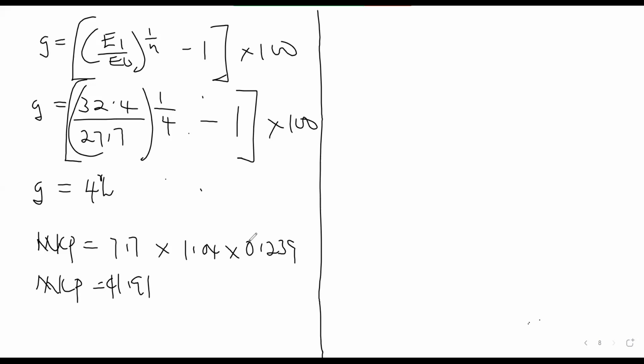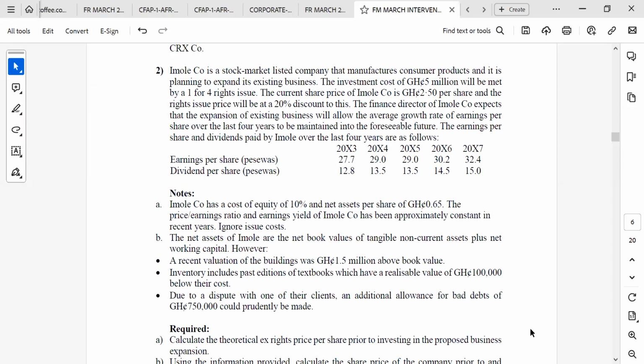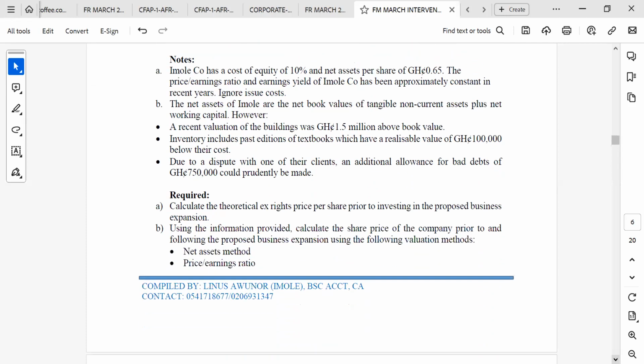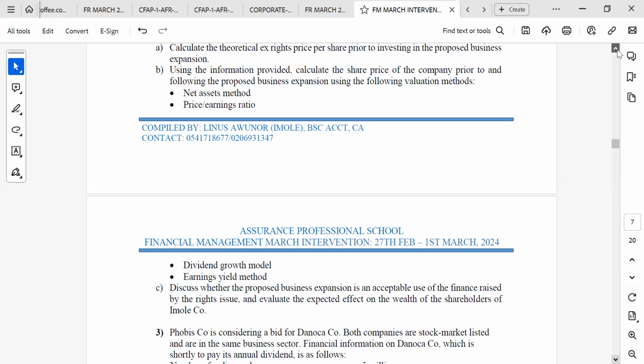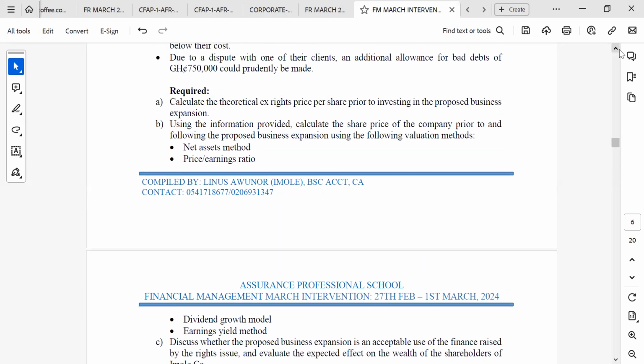Let's look at the next method that they are asking us to use. Okay, the next method they're asking us to use is the dividend growth model.